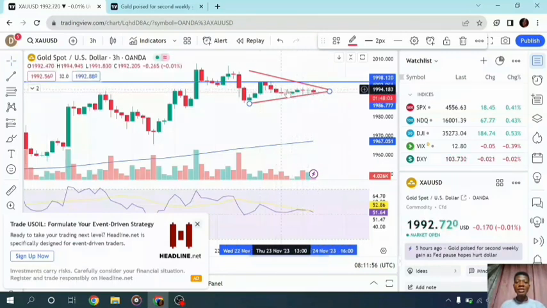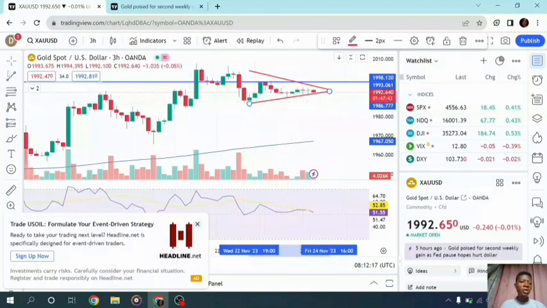Now the next thing for you to do is to understand the resistance and the support level, because it's always good that you trade on the resistance and support level. Now on this market, the support level is around this area, which is 1988.